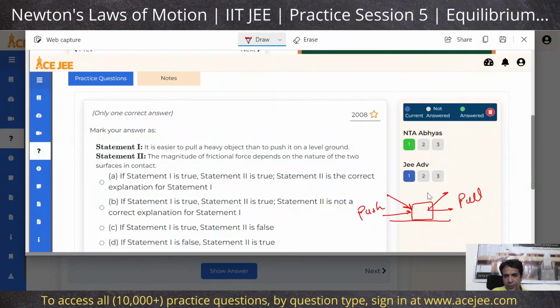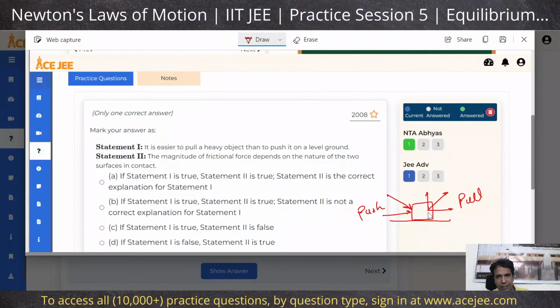Why? Because a component of the force is actually reducing the frictional force. How? If the component of the force in the vertical direction is countering the gravitational, it's reducing the normal force, hence reducing the frictional, the dynamic frictional force. Remember, the body is moving here. That's why the dynamic frictional force.